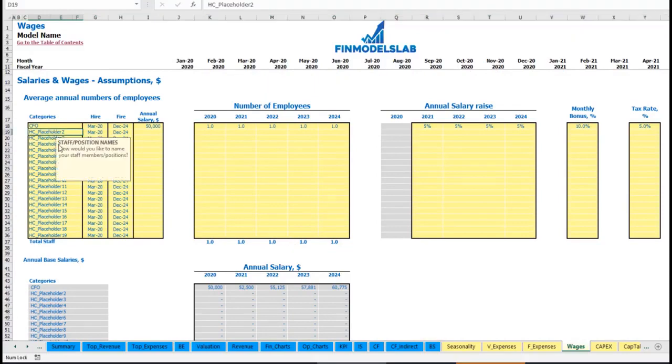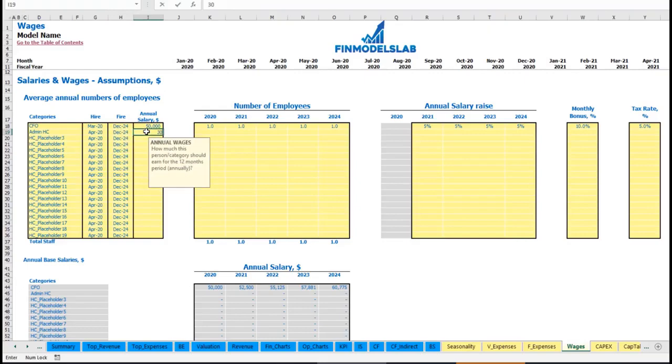Another option would be admin headcount, which will start in April and will grow till the end of the model with annual salary of $30,000.